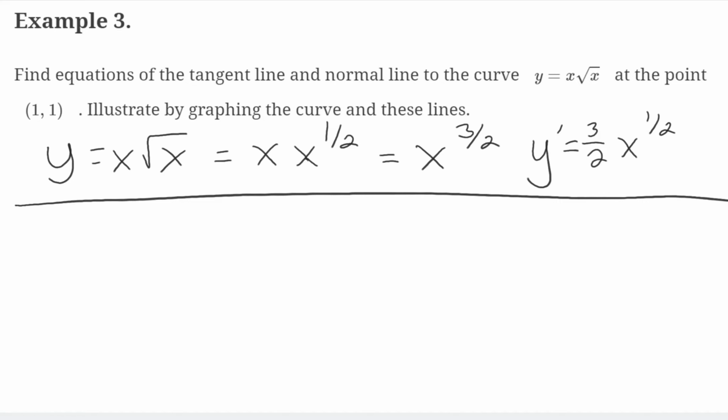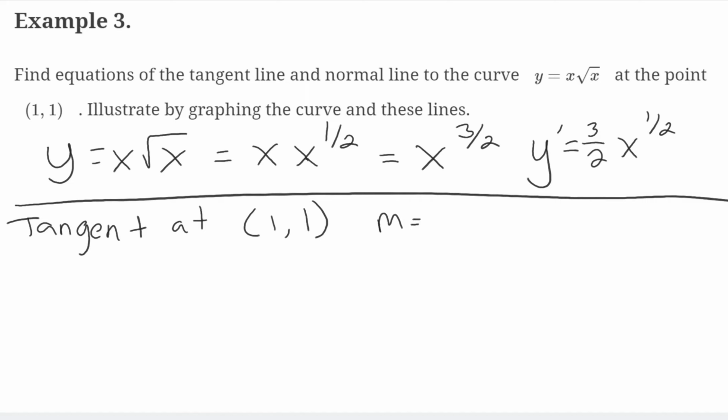All right, so now they want the tangent line at the point 1, 1. So I need to find my slope at that point. I have my derivative, so I just got to plug in x to find my slope.